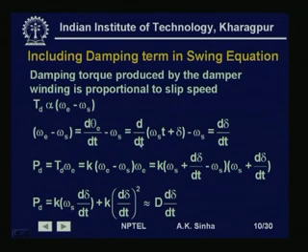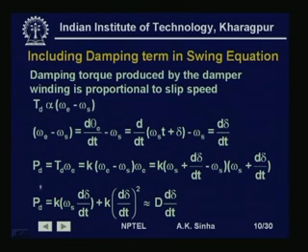So, d by dt of omega s t plus delta minus omega s comes out to be d delta by dt, as the derivative of omega s t with respect to time t is equal to omega s, which will cancel with this omega s. So, we have got d delta by dt.